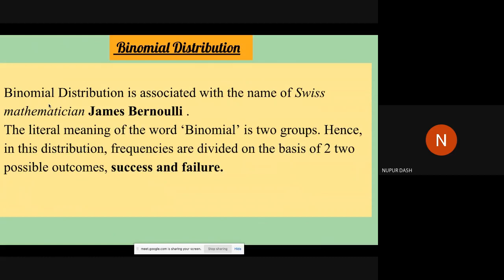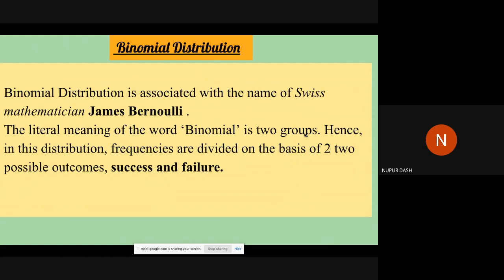First of all, you should know that binomial distribution is associated with the name of Swiss mathematician James Bernoulli. Because this was given by James Bernoulli, the binomial distribution is also stated as Bernoulli theorem. The literal meaning of the word binomial is two groups.